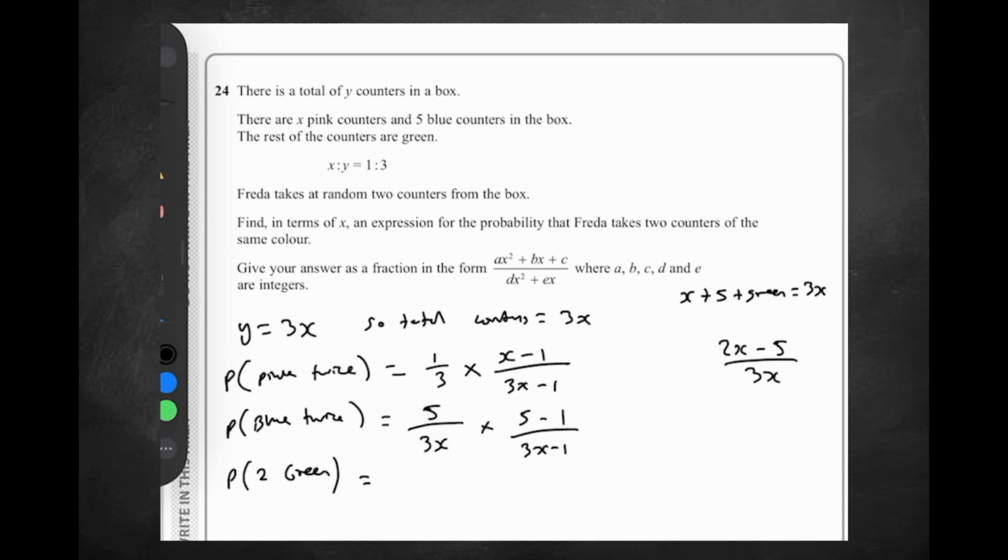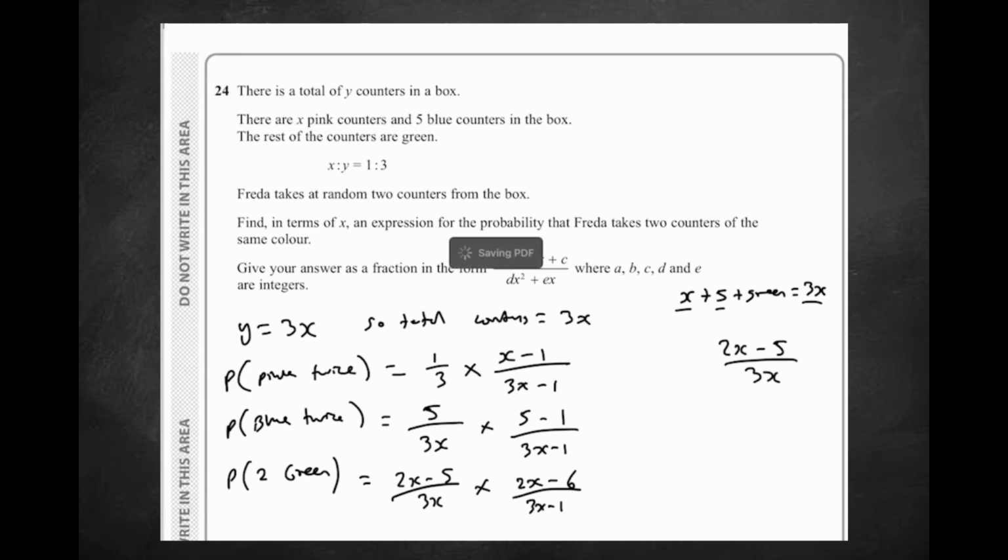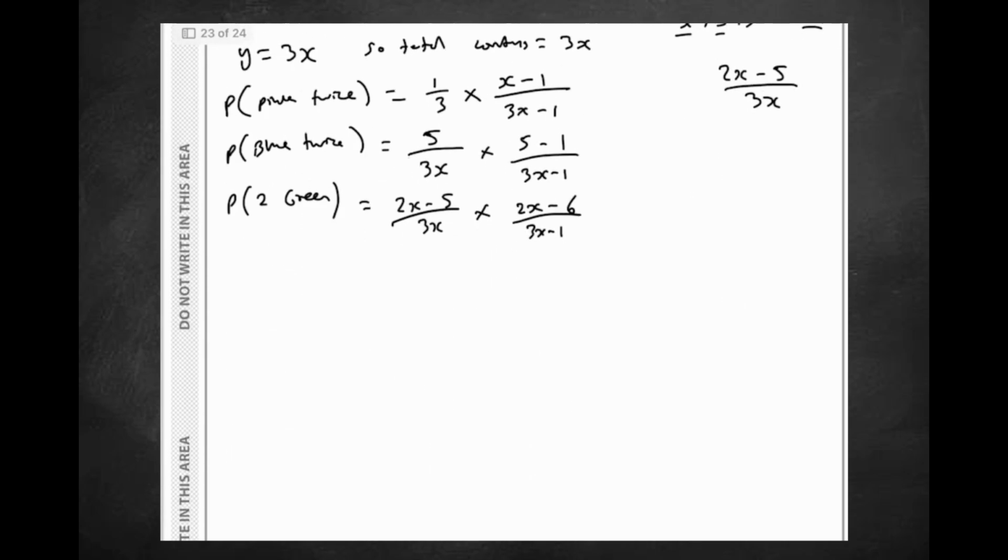So simply as 3x is the total number of counters in the box, x is the number of pink counters, and 5 is the number of blue counters. So 2x minus 5 over 3x multiplied by 2x minus 5 minus 1, so 2x minus 6 over 3x minus 1. I'll scroll down. Now we've got to expand all of this out.